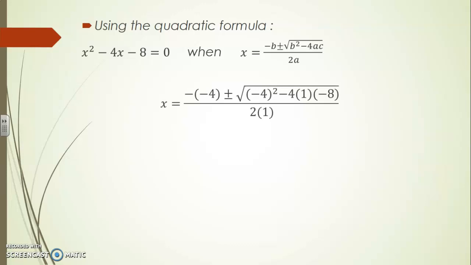So minus b plus or minus square root of b squared minus 4ac all over 2a is applied by using an a of 1, a b of minus 4, and a c of minus 8. And computations will lead us to the exact same zeros we found earlier by completion of squares.